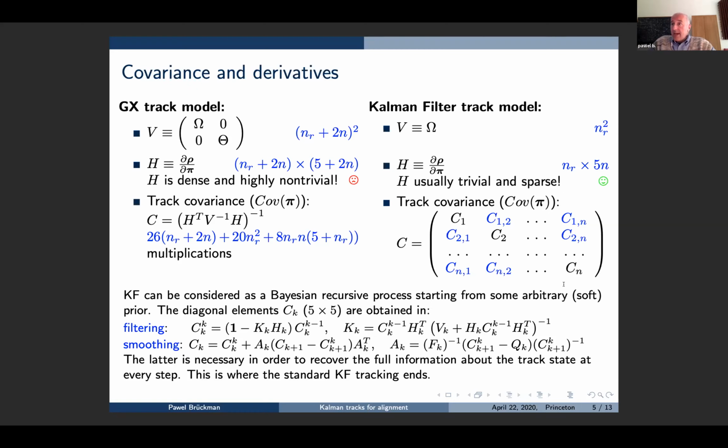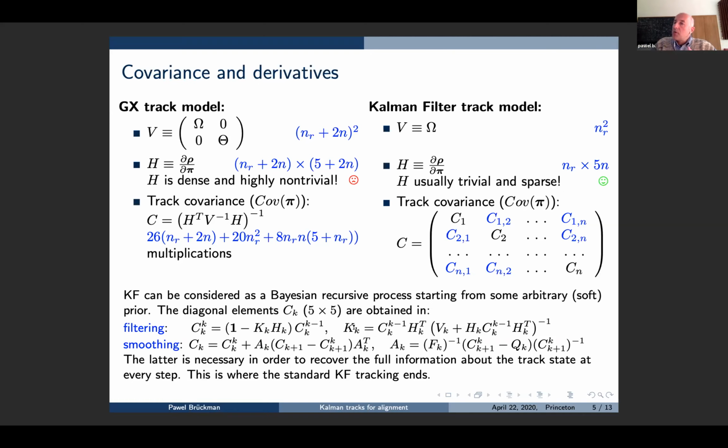And the diagonal elements, the C_k, which are shown here, so the diagonal ones, 5 times 5, are obtained in a standard way. So first we do the filtering, so we accumulate information along the measurements with the Kalman gain matrix.